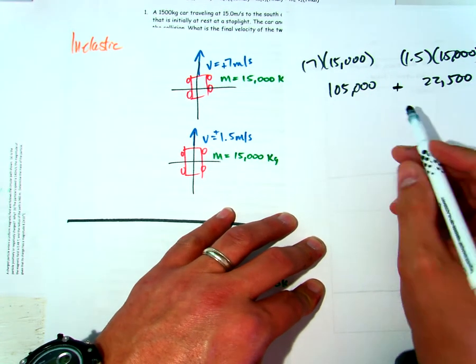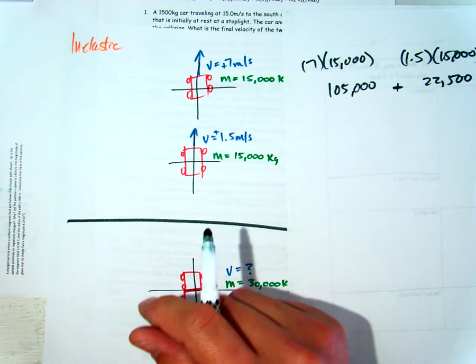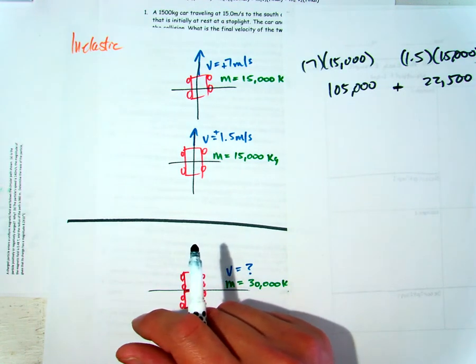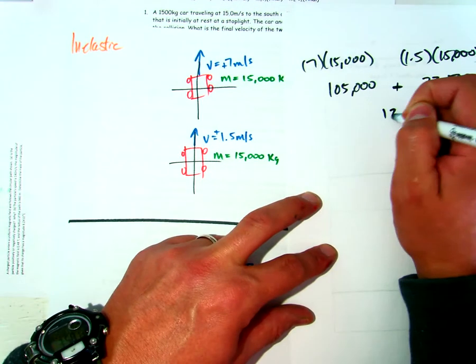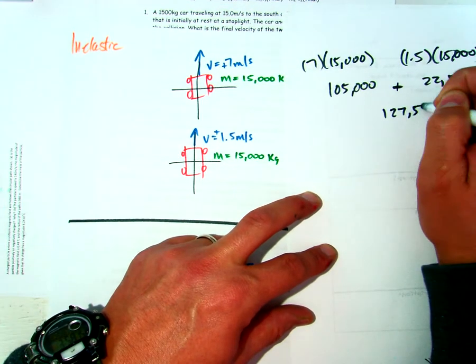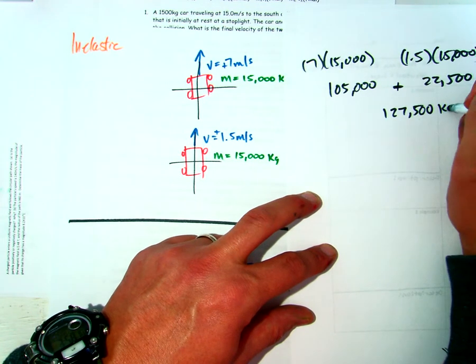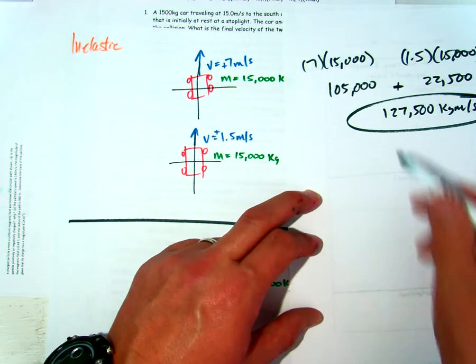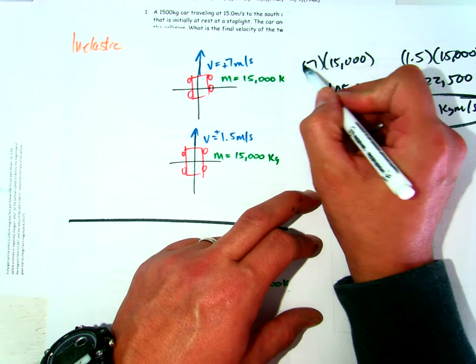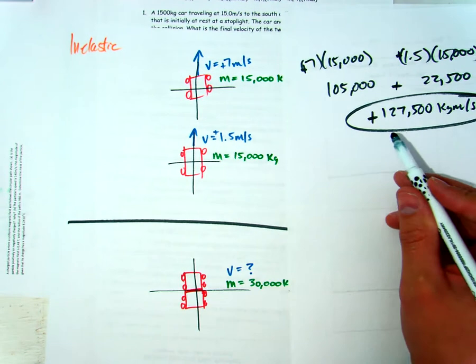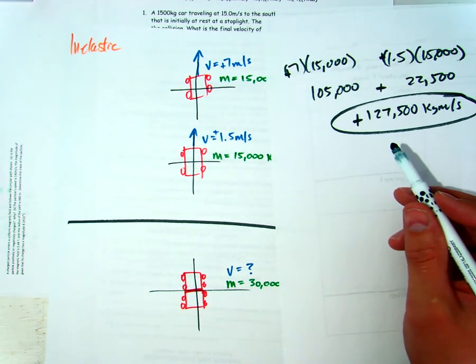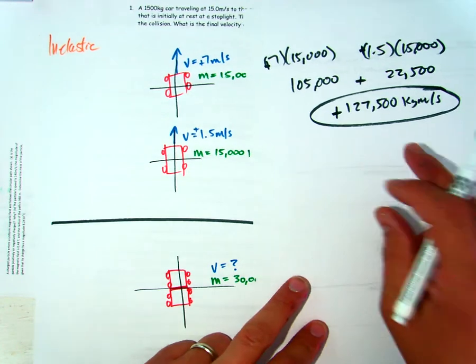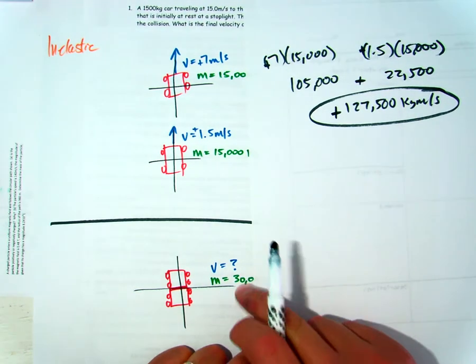So if I add these two together, I get 127,500 kilogram meters per second. That is the total amount of momentum, and we know that it's positive because that's positive and that's positive. So our total momentum is plus 127,500 kilogram meters per second. So this has to be equal to this.